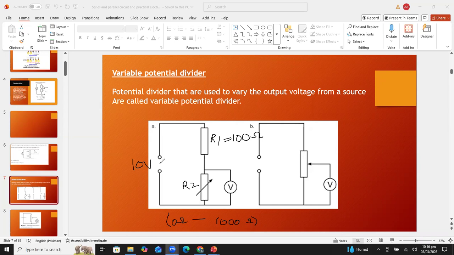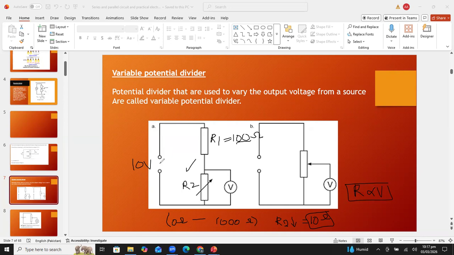Okay? So initially what I'm doing, I'm keeping the R2 value very low, like suppose R2 value is 10 ohm. So it's very small resistance as compared to this one. So if the resistance is small, according to the relation, resistance and voltage are directly proportional, the voltage appearing across this resistor is also very small.